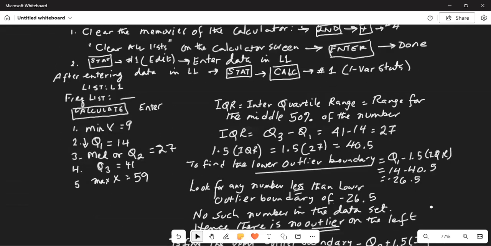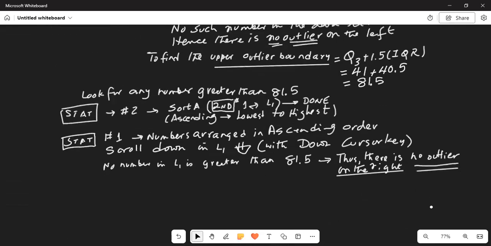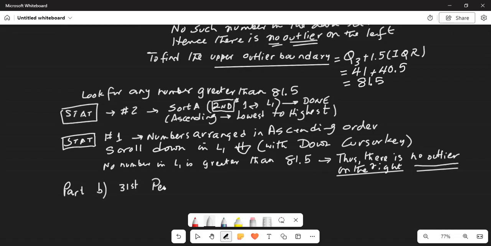So now we have to find the 31st percentile. So part B. How do you do that?